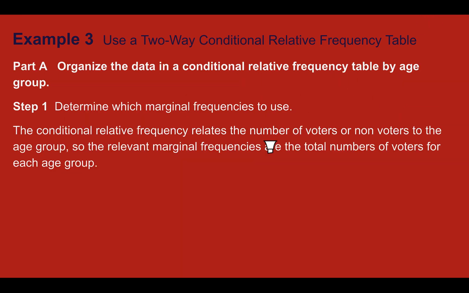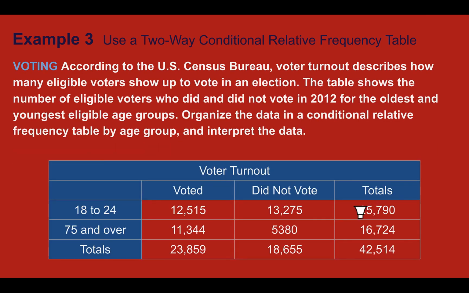So first step, we need to determine which marginal frequency to use. Conditional relative frequency relates the number of voters or non-voters to the age group. So our relevant marginal frequency are the numbers for the age group, which means we're going to be using our numbers over here based on our age group.